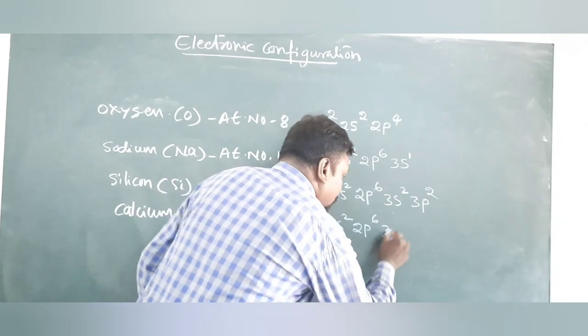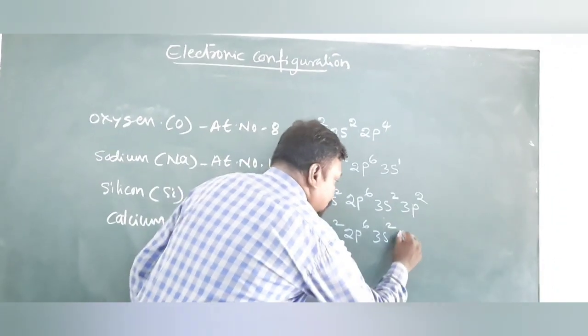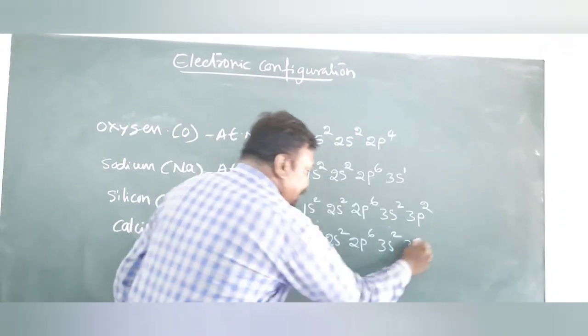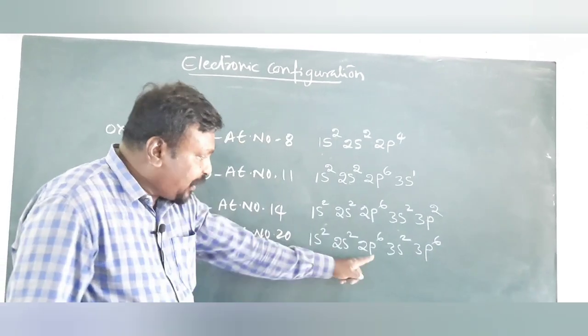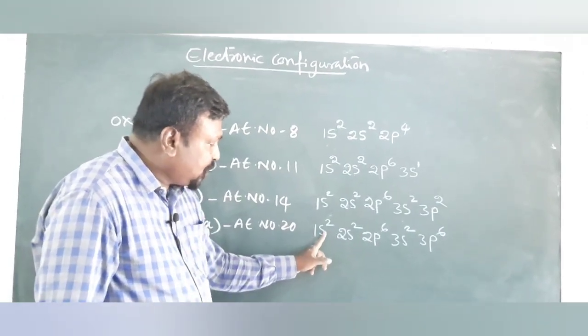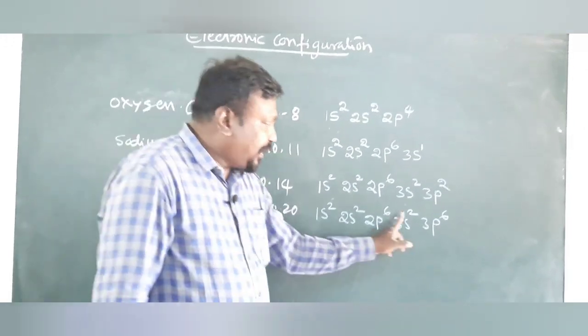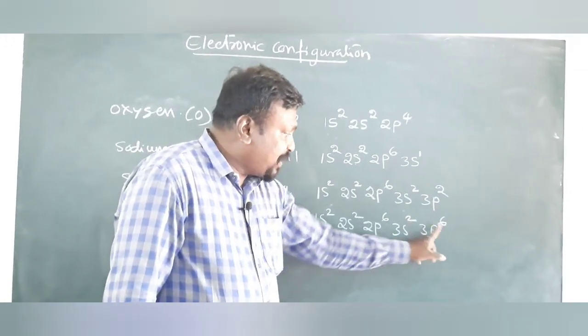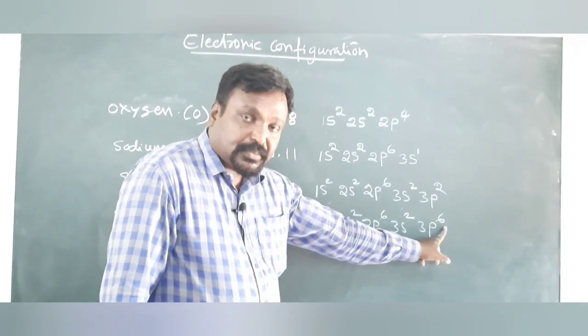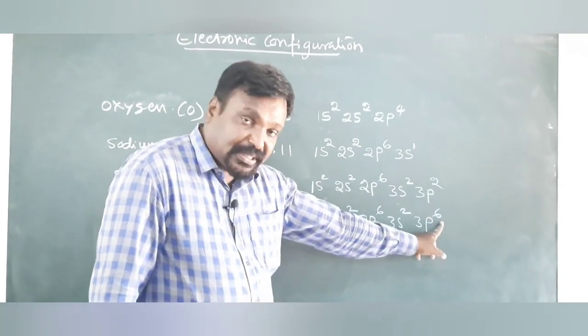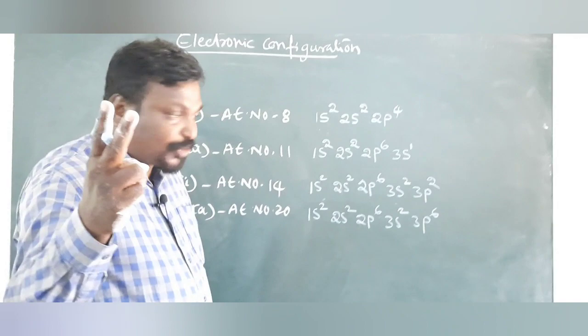Now it goes to 3s2, 3p6. Now count the electrons: 4, 6, 10, 10 plus 2, 12, 12 plus 6, it is 18. 2 electrons are left.